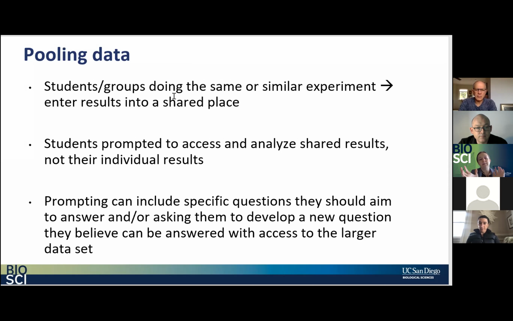And then the class as a whole is prompted to access that shared data set and analyze the shared data set, not necessarily their individual results. The prompting that we give them can include specific questions, certain things that we want them to analyze and answer, but also an opportunity, as I said before, to generate their own questions. Do you see something else going on in this data set that we didn't prompt you to look for? And that can provide that discovery.